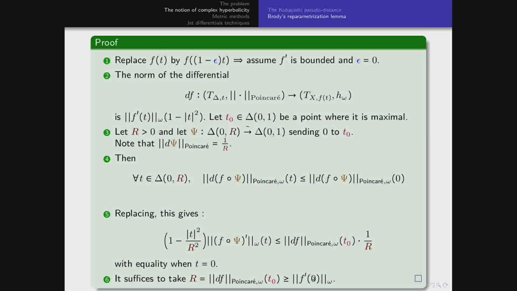And now you can check that all you wanted to prove is true. In the Ahlfors-Schwarz lemma, you have this quantity which is bounded from above by 1. So you have this quantity which is bounded by the Poincaré metric. And the equality at t equal to 0 tells you that this is equal to 1 at t equal to 0.